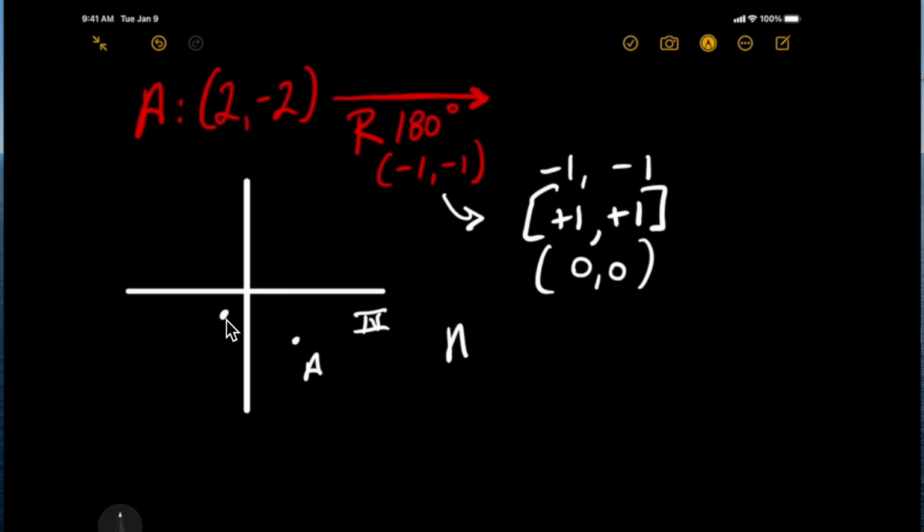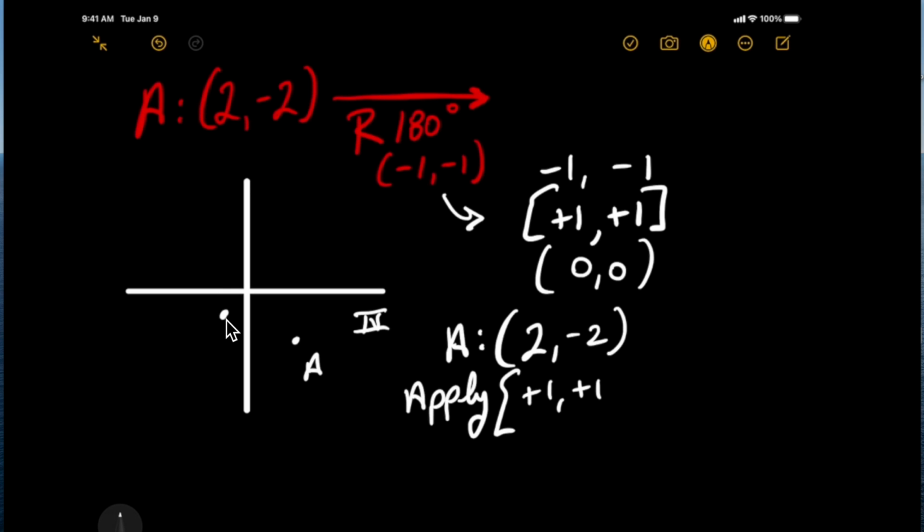So we're going to take point A with the original coordinates of 2, -2. We are going to apply +1, +1, and that's going to give us a new point, which I'm going to call a sub 1, which is 3 comma negative 1.